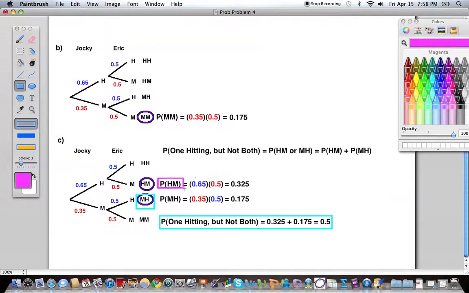The probability of hitting and missing is this. The probability of missing and hitting is this. We add those 2 events together because we can either get a hit and a miss or a miss and a hit, which gives us 1/2, essentially. So 50%.